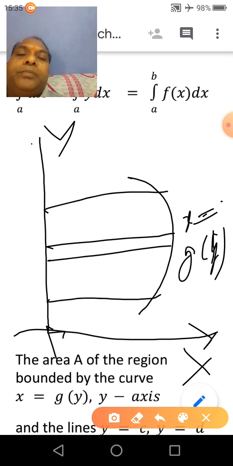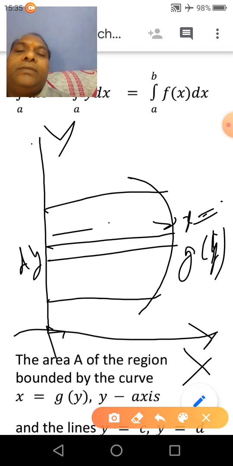A strip of breadth dy and its length will be x.